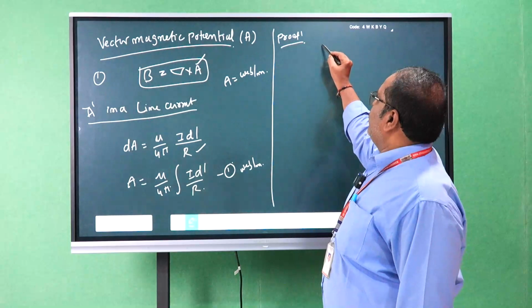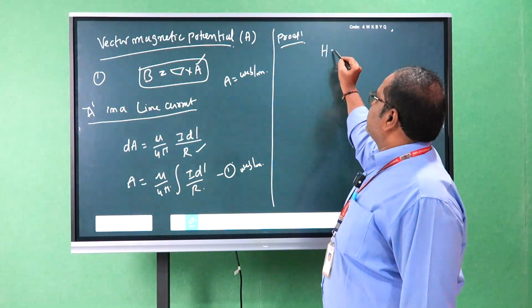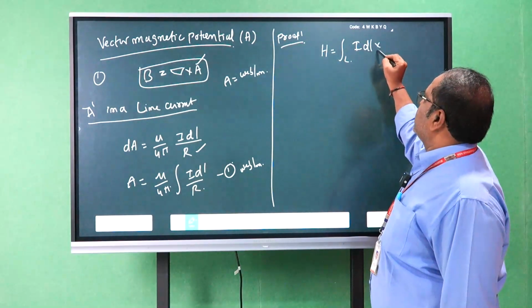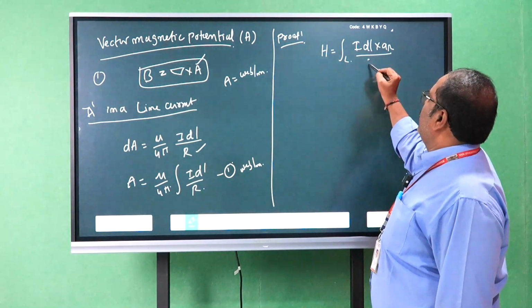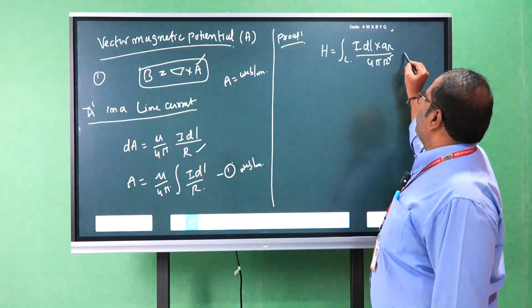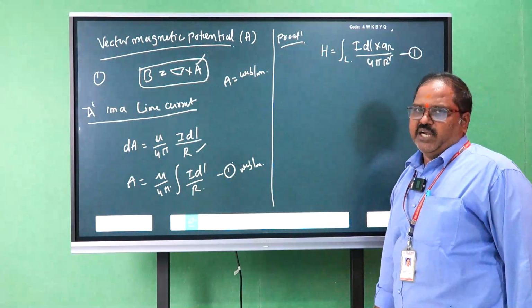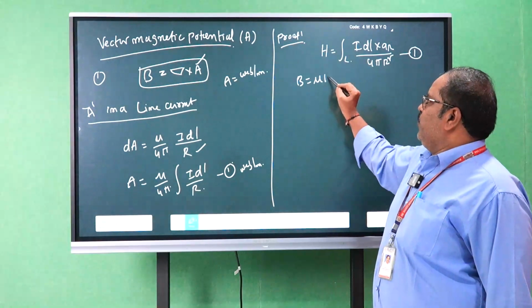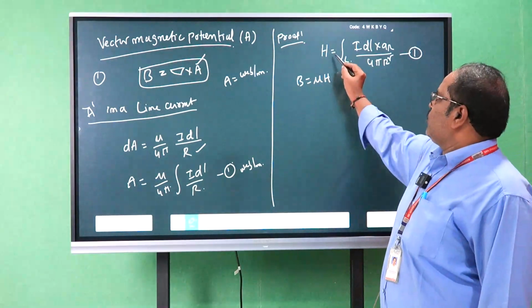Suppose we denote it as H. H is equal to the line integral I dl cross AR by 4 pi R square, according to Biot-Savart's law. We know that B is equal to mu H. Therefore, H is equal to this equation.